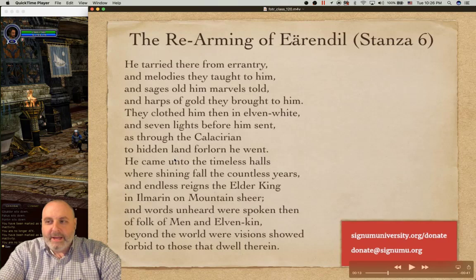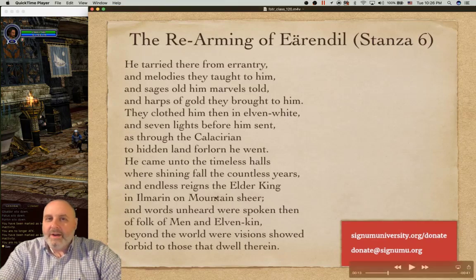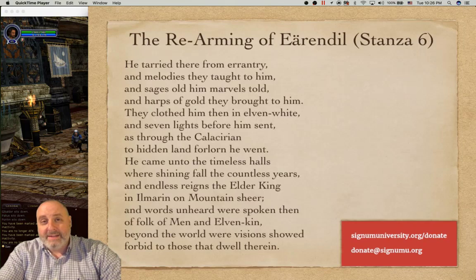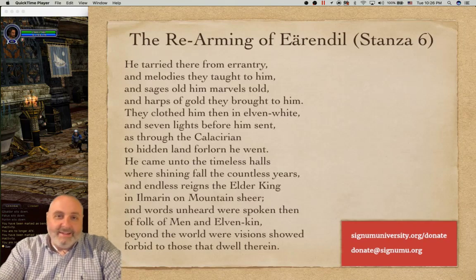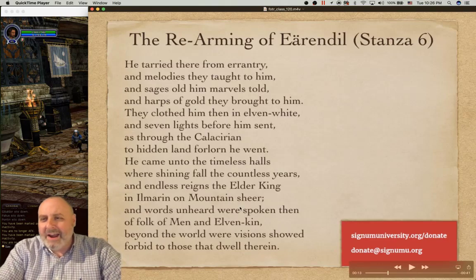I mean, they're pretty, I don't know. What's the word I want here? Milk toast verbs, right? He tarried, he came, he went, right? I mean, yeah, look, syntactically speaking, that's subject and verb, but they are kind of lame verbs.